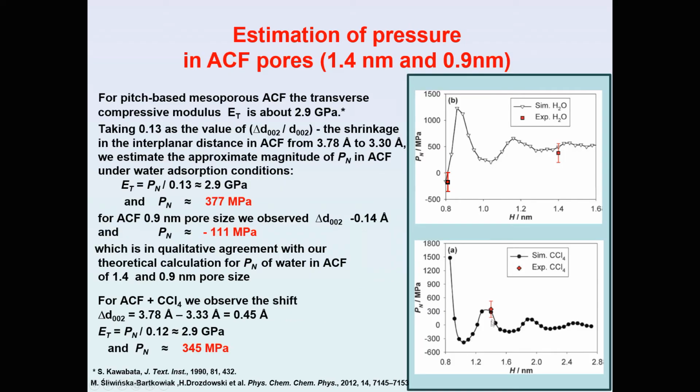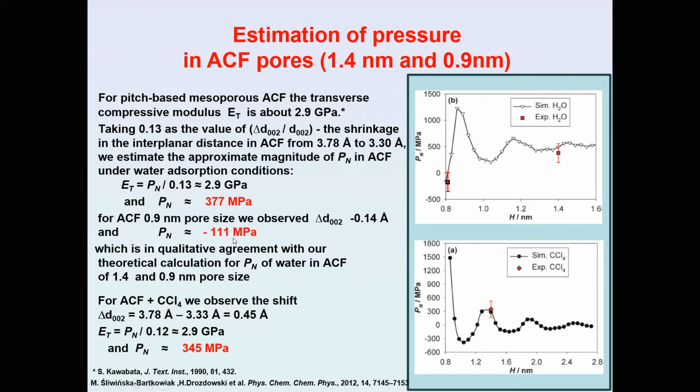Using the transverse compressive modulus, typical for the pitch-based mesoporous ACF, we were able to calculate the pressure normal to the pores. For the ACF with pore size 1.14, the pressure normal to the pores can be more than 400 megapascal. For a smaller pore size of ACF, we find a negative effect of about 100 megapascal.